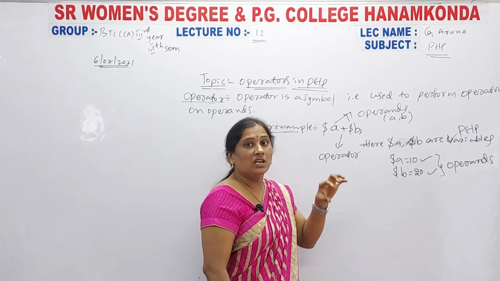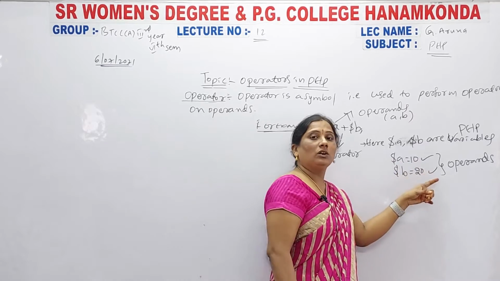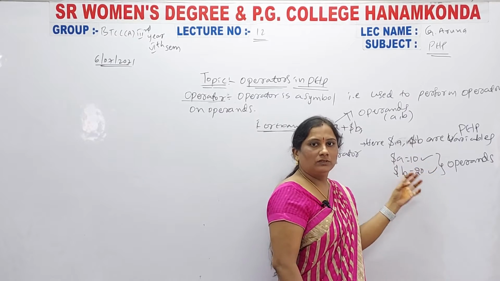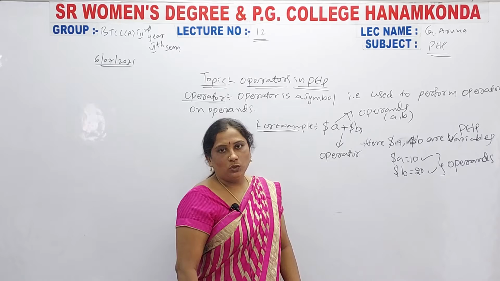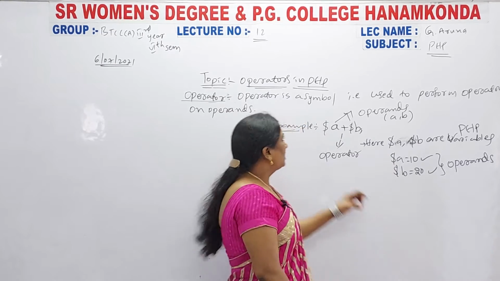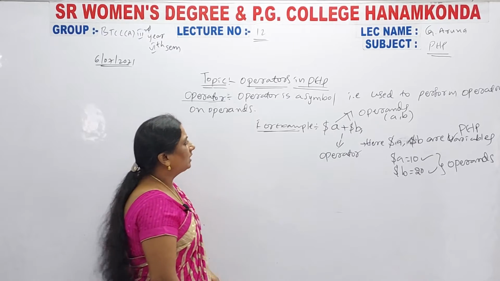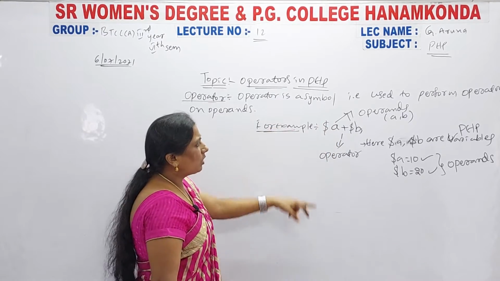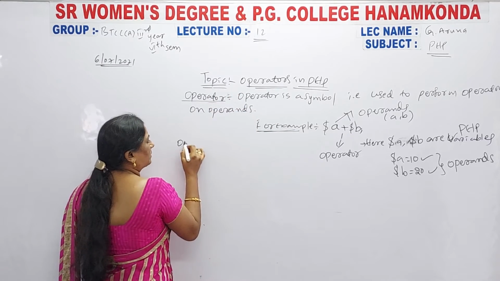When you assign a value to a particular variable, that is called an operand; the variable names are called variables. This is the operator definition. You have to write all of this.